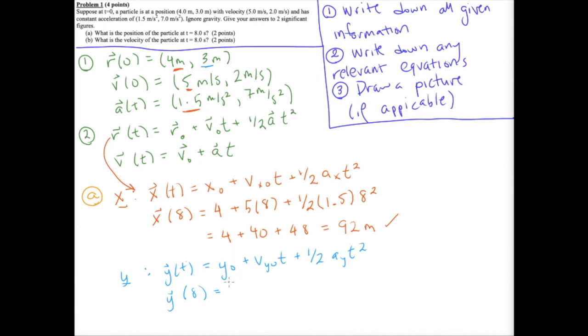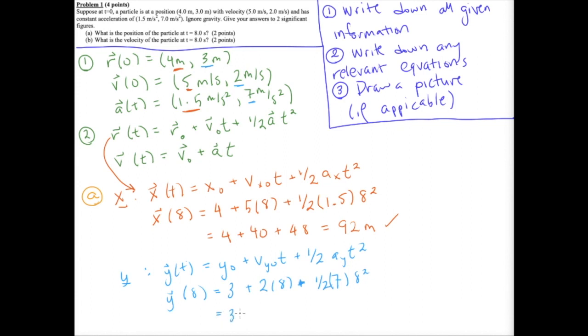y0 is 3 meters. Vy0, our initial y velocity, is 2 meters per second, times 8, which is our time, plus, you can see I just messed up that plus sign, but I fixed it, sort of. Our ay is 7 meters per second squared, and again, our t is 8, and that gets squared.